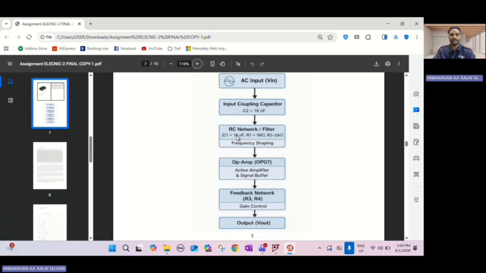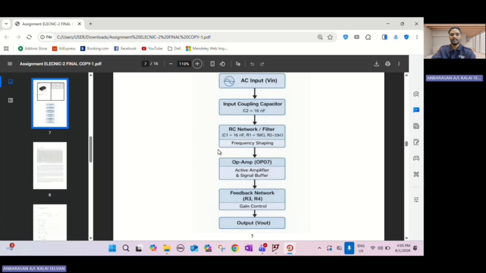The second one, internal input coupling capacitor. This capacitor blocks any DC component from the input. It allows only the AC signal to pass to the next stage and protects the circuit to ensure stable operation of the op-amp. Number 3, RC network filter.